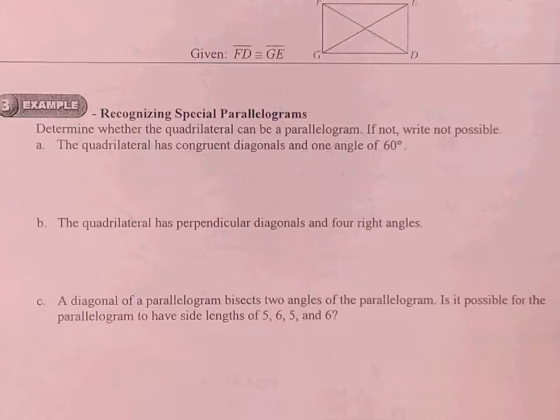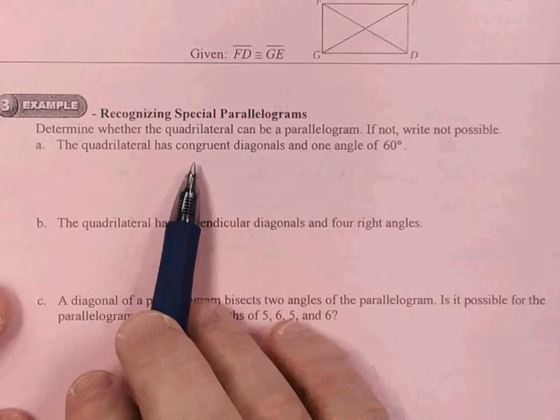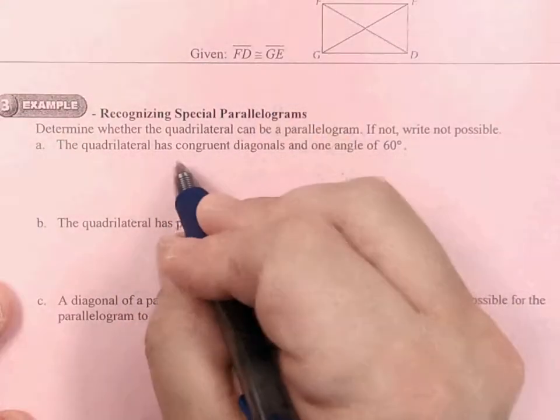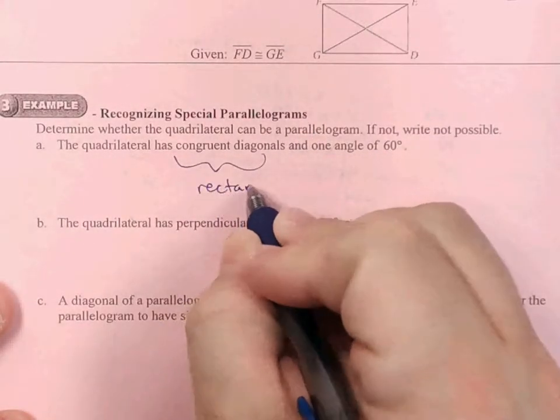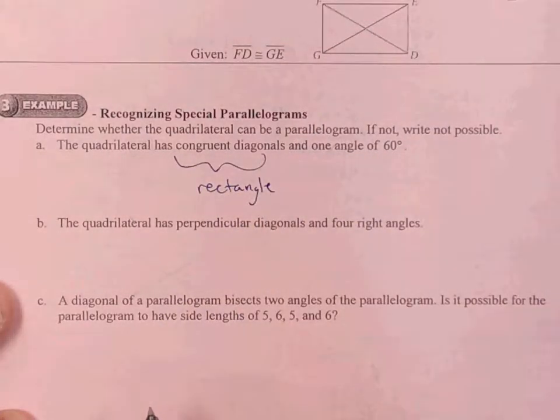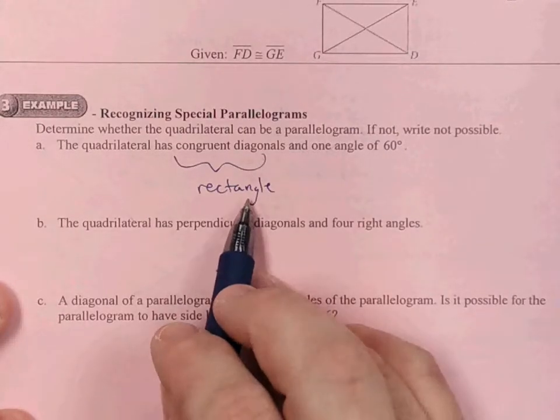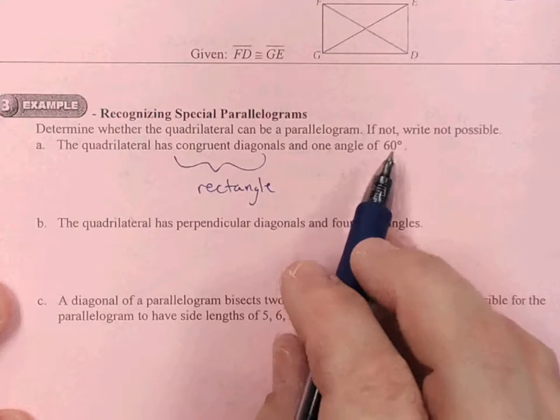Quadrilateral has congruent diagonals and one angle of 60 degrees. Well, a quadrilateral that has congruent diagonals has to be a rectangle. It's the only one that has congruent diagonals. But do rectangles have angle measures of 60 degrees?